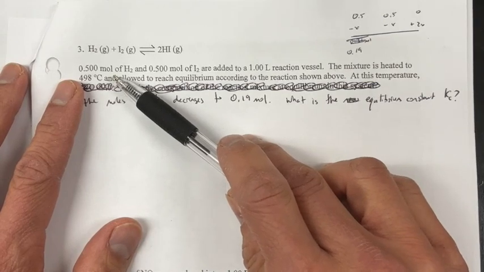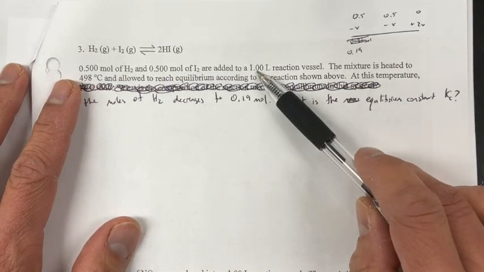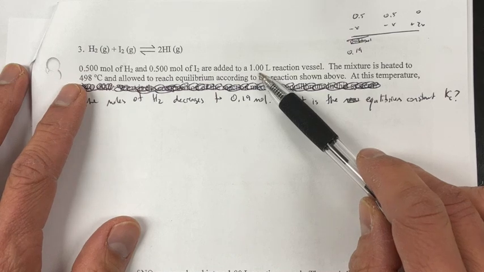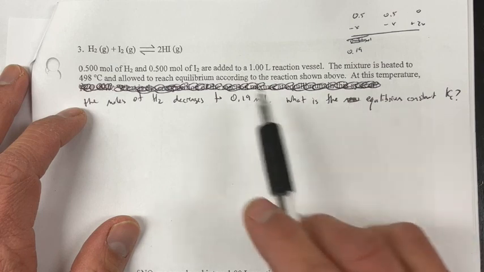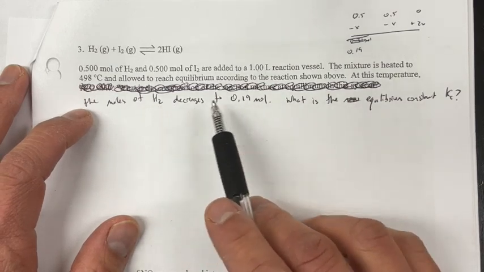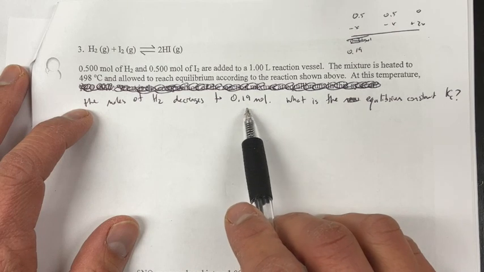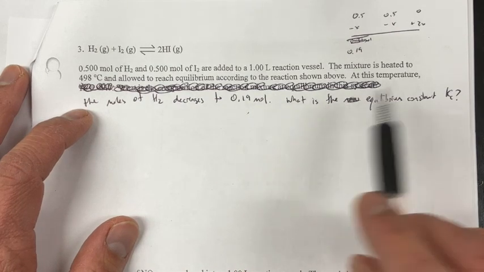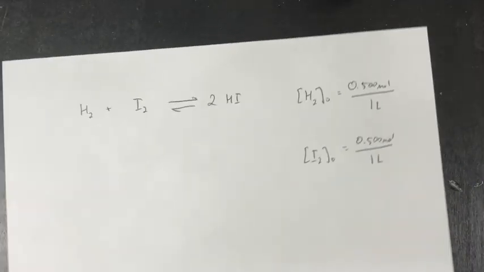I have 0.5 moles of H2, 0.5 moles of I2, same 1.0 liter vessel. I heat it up, and at the temperature, the moles of H2 decreases to 0.19 moles. What's the equilibrium constant? So this is very similar.